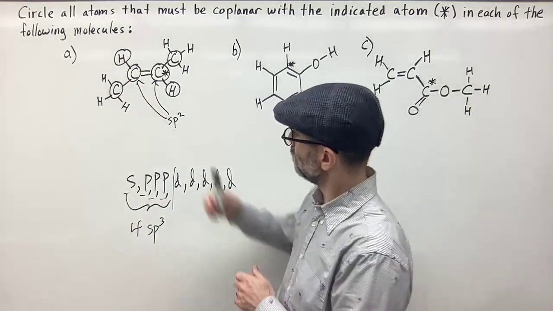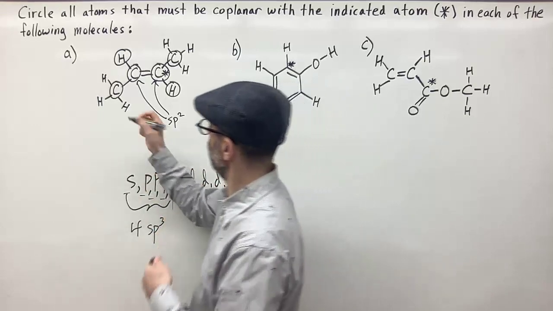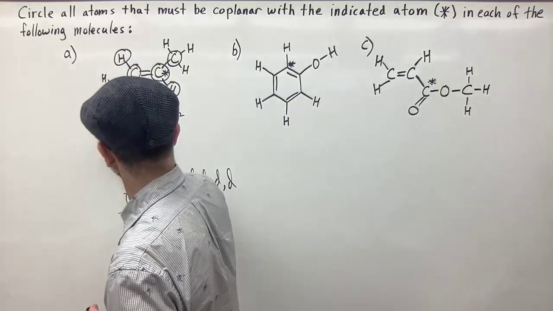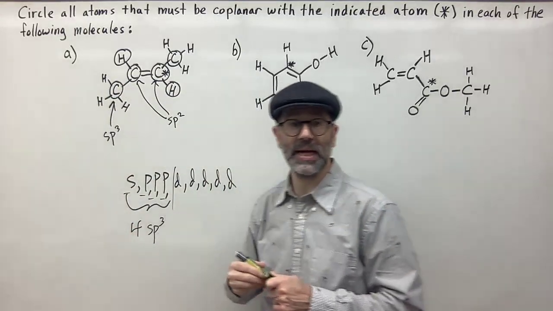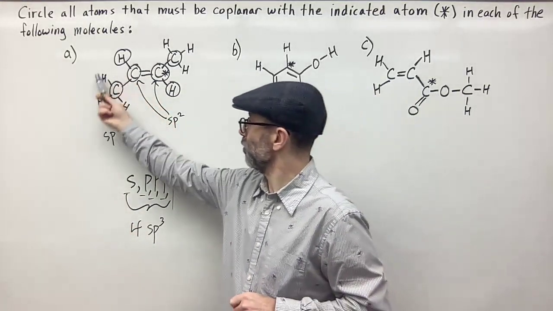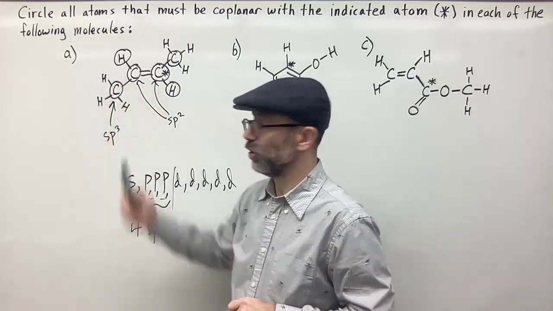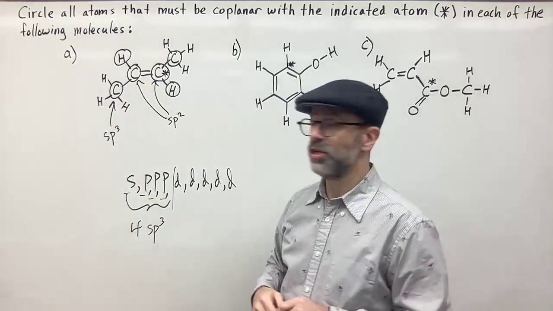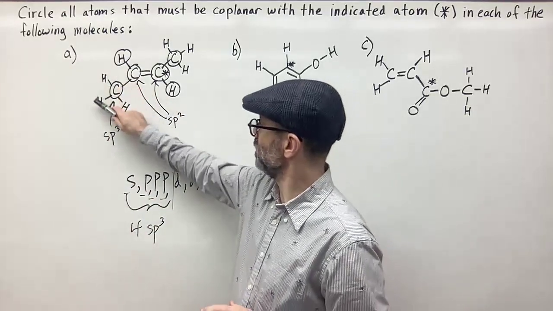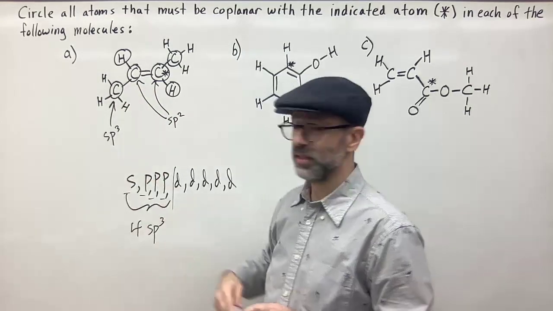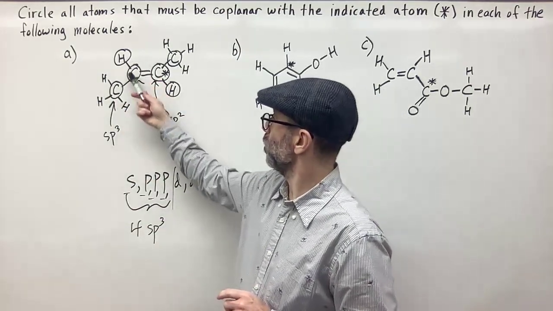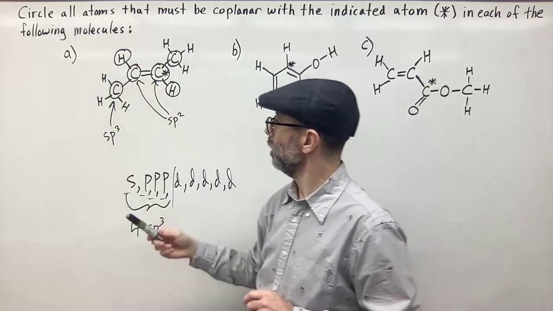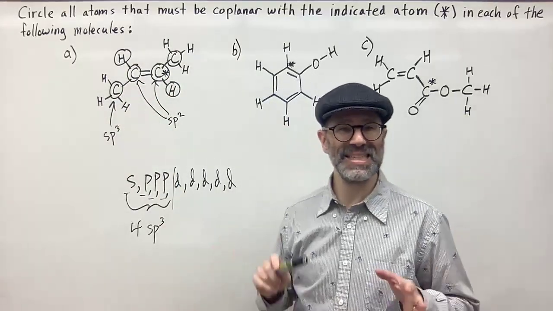Because of this, we identify this carbon as sp3 hybridized, and that means that the shape around this part of the molecule is tetrahedral. So none of these hydrogens are necessarily going to be in line with the plane here. One of them could be, but not necessarily.